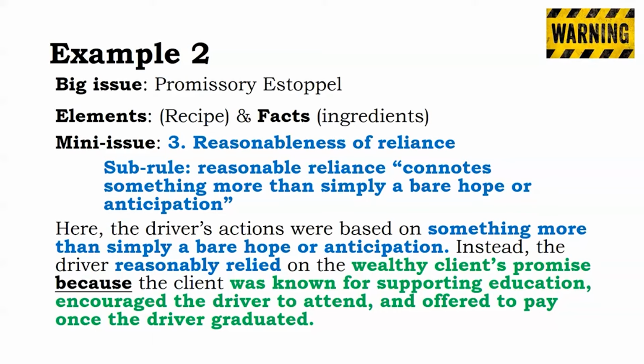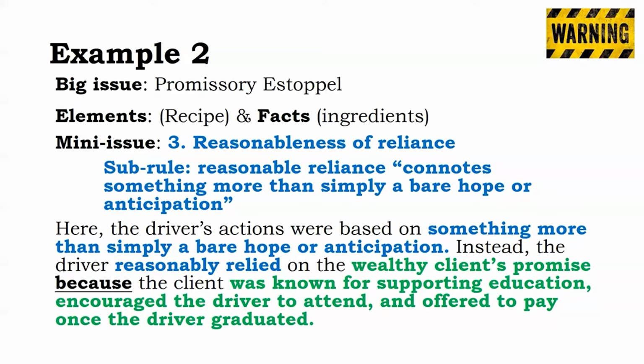Instead, the driver, law words, reasonably relied on the fact words, wealthy client's promise, because, and I bolded and underlined because, that word often helps you to connect the facts to the law. The client was known for supporting education, encouraged the driver to attend, and offered to pay once the driver graduated.